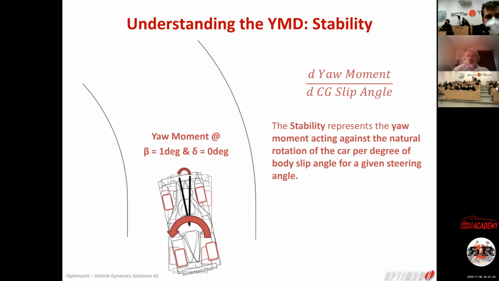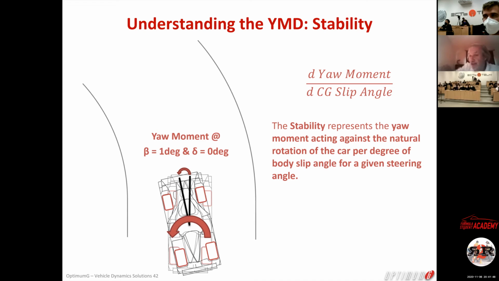I'm going to yaw the car 1 degree, without steering. So imagine, okay, I'm going to give you a picture here. The car is in the braking zone, and there is a giant coming from the sky, who puts his hand on the car and yaws it 1 degree, and then removes his hand.